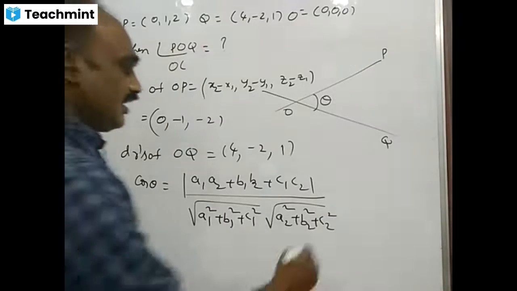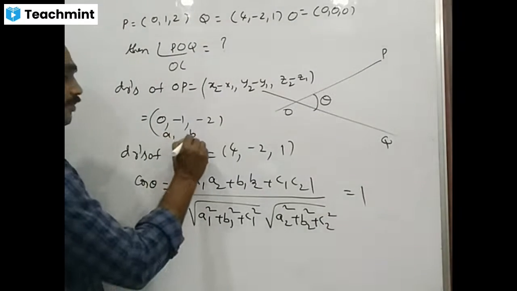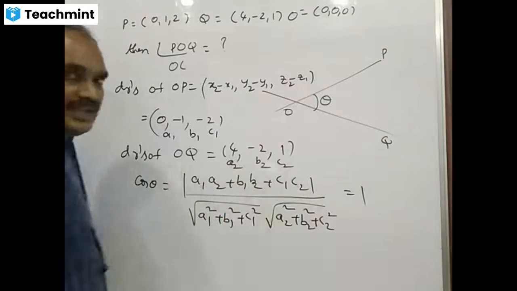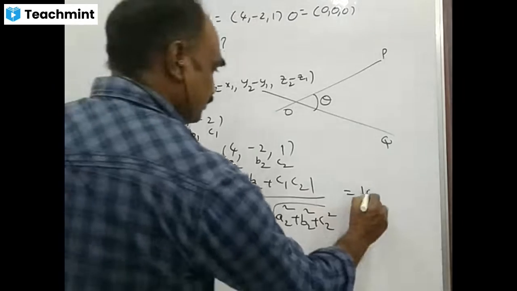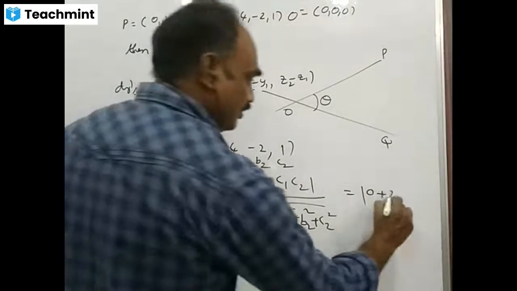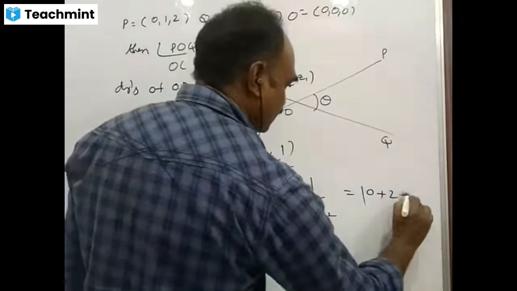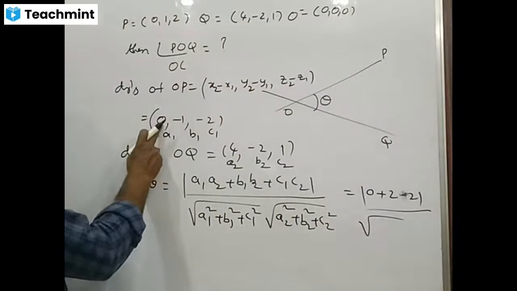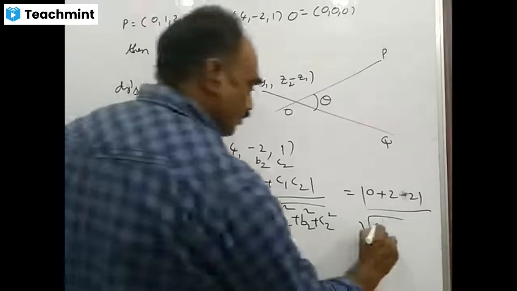So this is a1 b1 c1, this is a2 b2 c2. a1 a2 is 0 into 4, 0, plus b1 b2, minus 1 into minus 2, plus 2, plus c1 c2, minus 2 into 1, minus 2, by root of 0 square plus 1 square plus 2 square, 4 plus 1, 5, root 5.